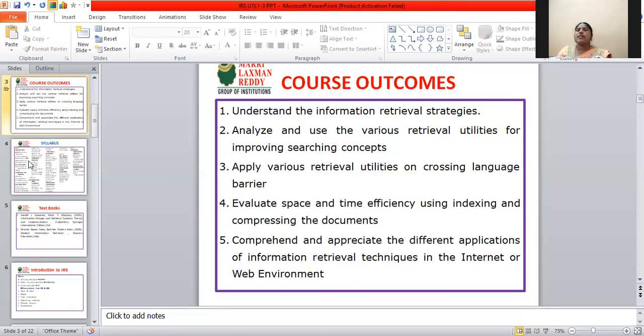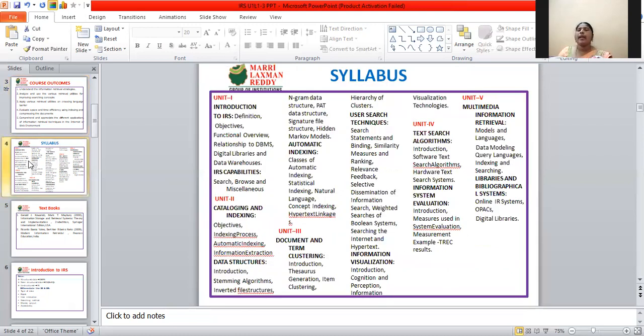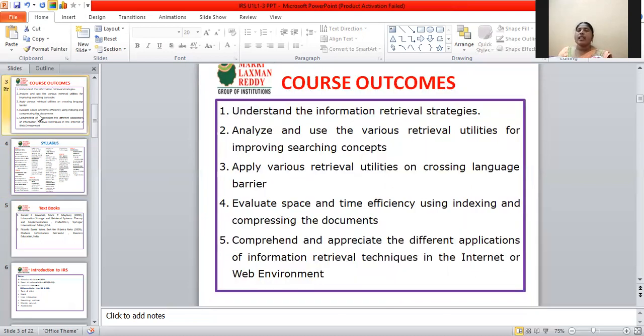And the next objective is to comprehend and appreciate the different applications of information retrieval techniques in the internet or web environment. This is compulsory: appreciating those information retrieval techniques. Why? Because the information retrieval system is nothing but a Google search.